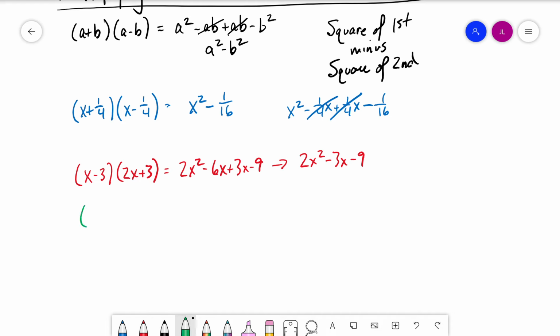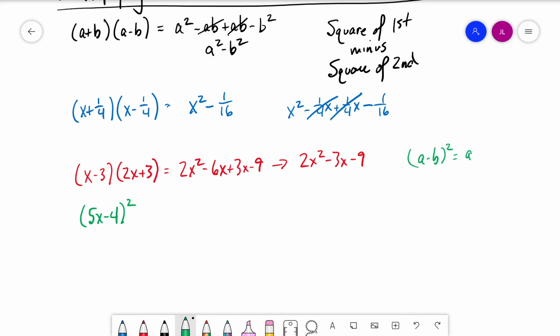Let's look at this. 5x minus 4 squared. Now, if you remember right, this is where we're really squaring these binomials. Remember, this was the one where we might have a minus b squared.